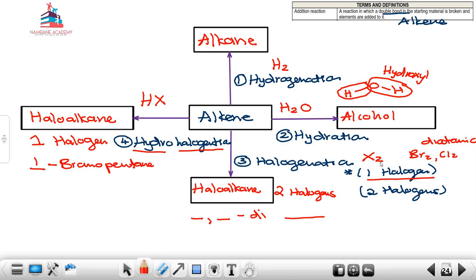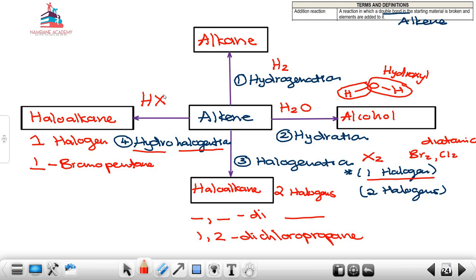Unlike here, when you're adding 2 halogens, it will be 1, 2 dichloro propane. You see, these numbers mean 1 chloro is on carbon number 1 and 1 chloro is on carbon number 2.